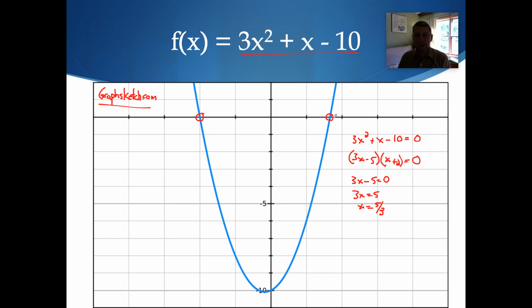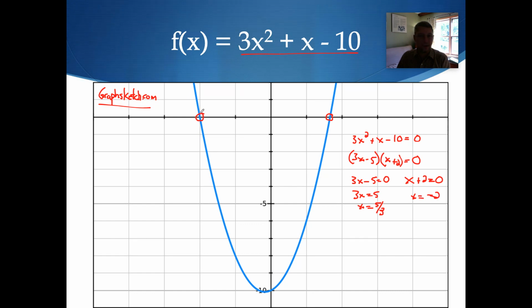Does this look like it could be 1.666 or 5/3? You bet your sweet bippy.